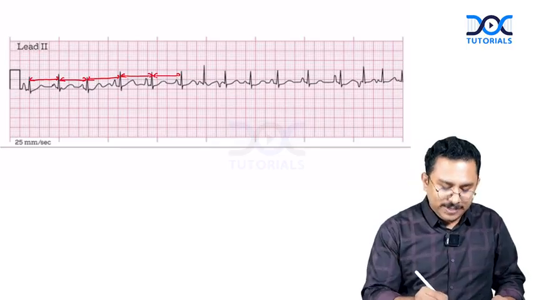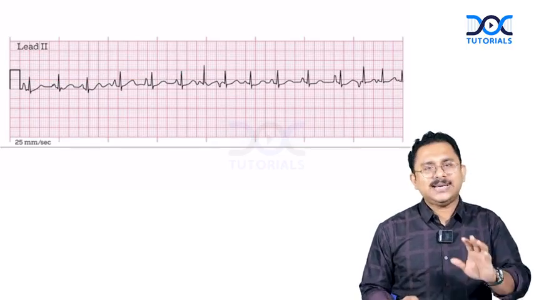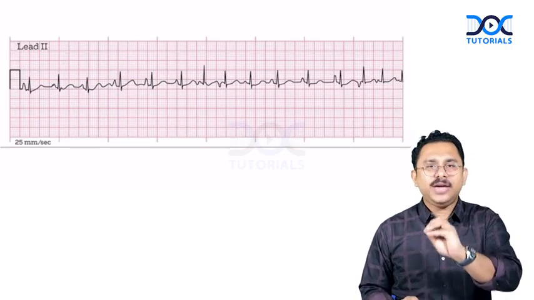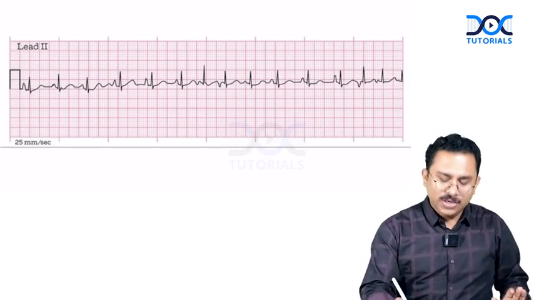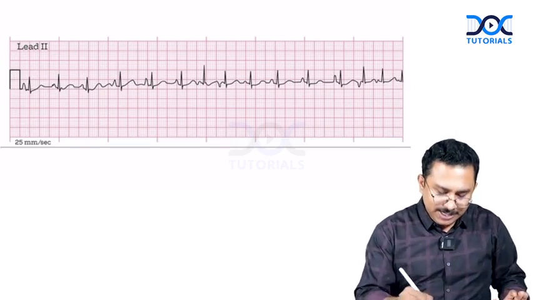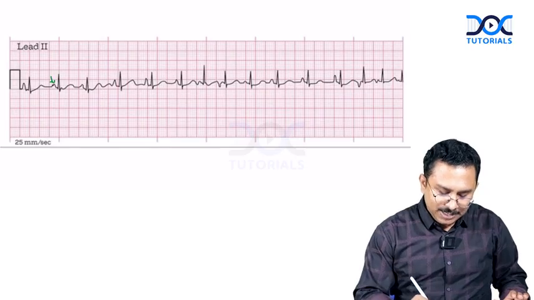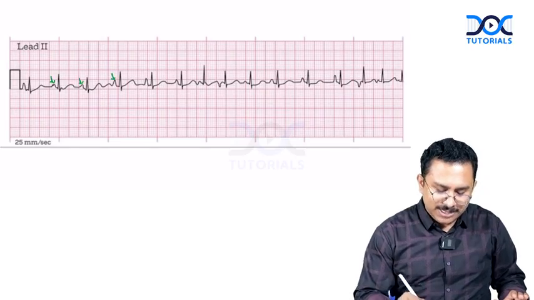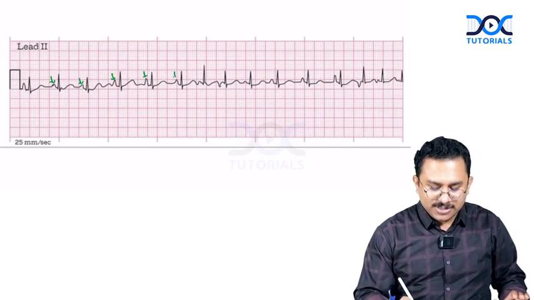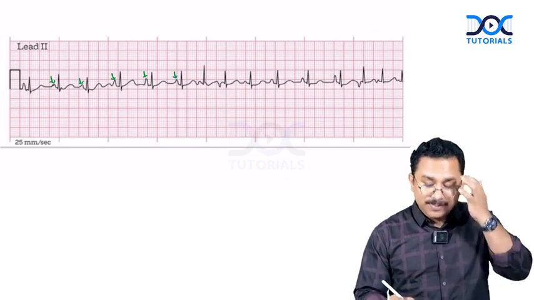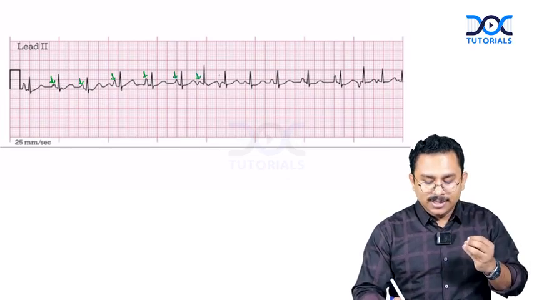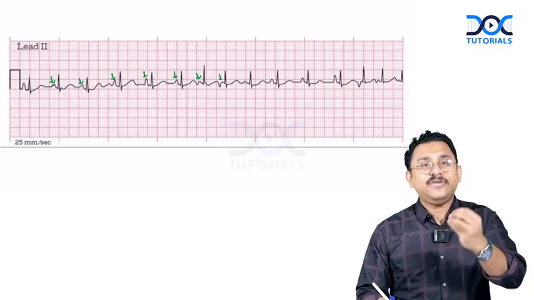So how to identify? Again, the next step is to look at the P wave morphology. When you look at the P wave morphologies here, if you scan through the P waves, you can see that the P waves are having abnormal morphology, and not just that, the P waves are looking different.